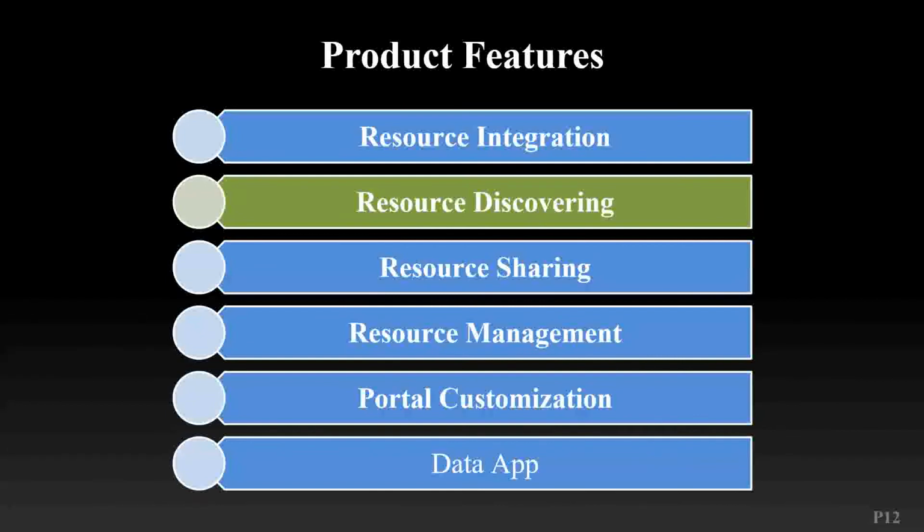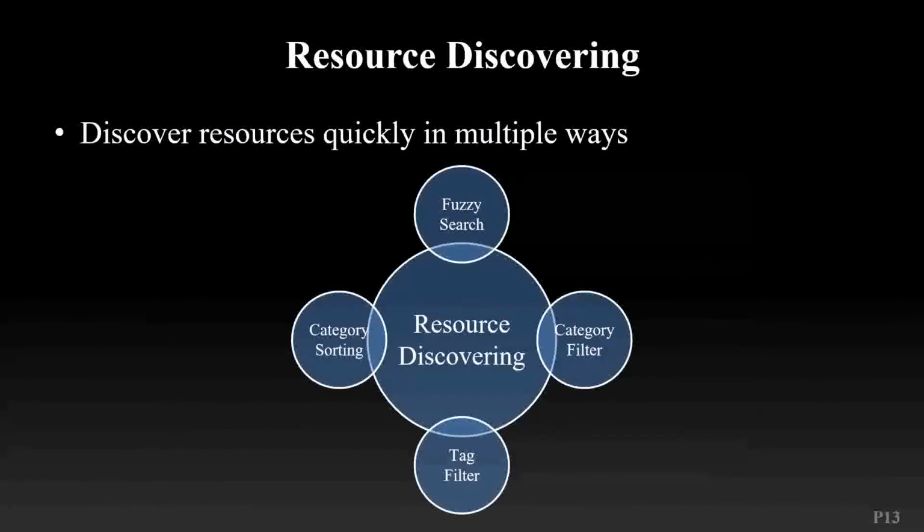Okay, and the second one is resource discovery. That is, iPortal provides a lot of functions for us to find the resource we want by fuzzy search, by category sorting, by category filter, by tag filter.